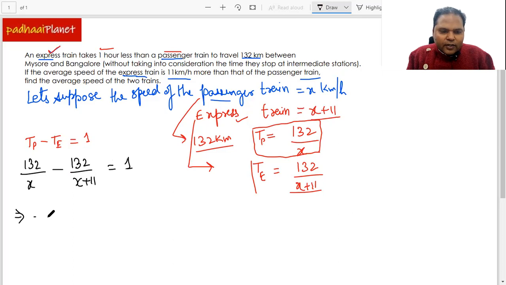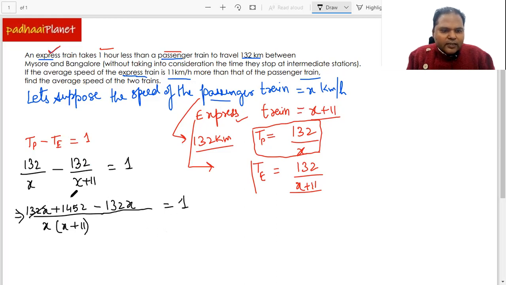So let's start solving it. Multiplying through, x cancels with x, and we have 132 times x plus 11, which is 132x plus 1452, minus 132x, because x plus 11 cancels with x plus 11, and all of it is equal to 1.